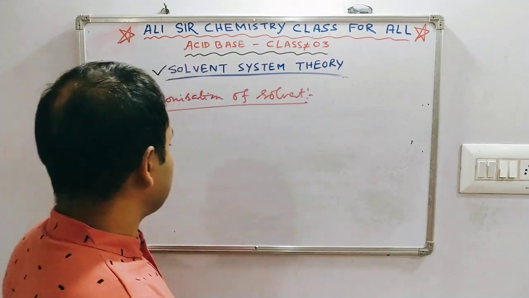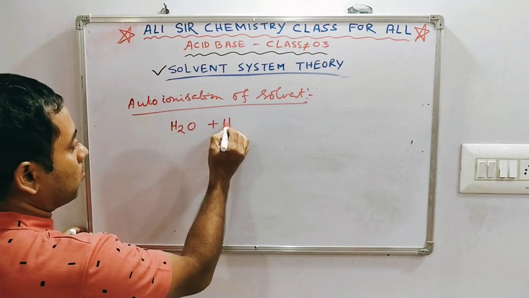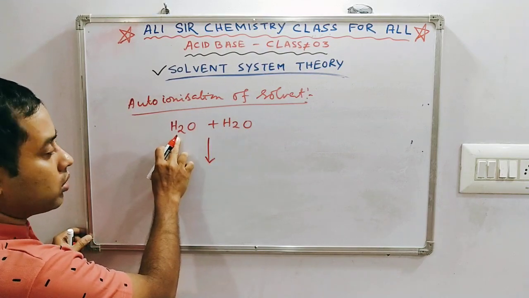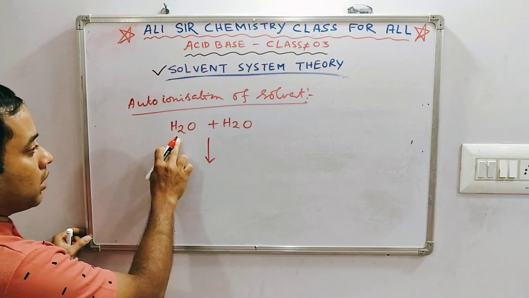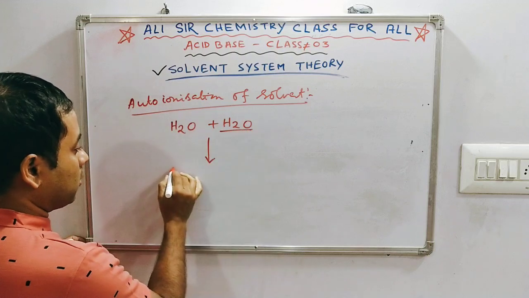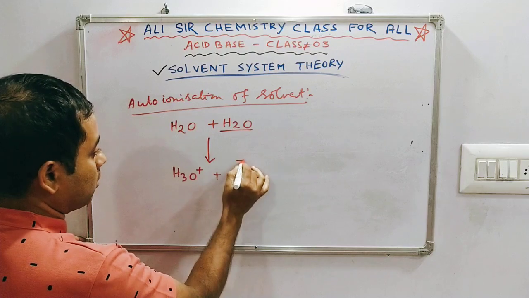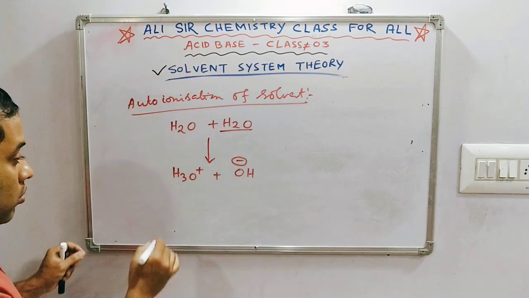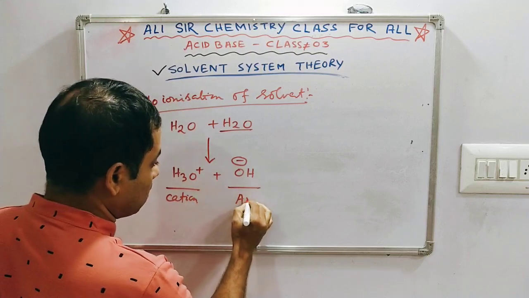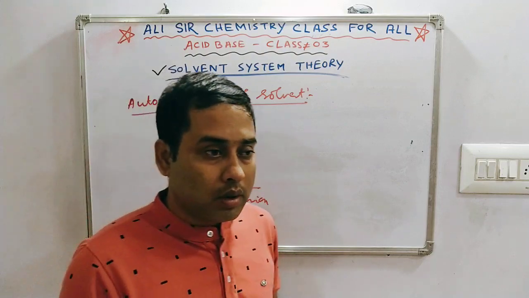So this is called auto-ionization. We take the simple example of two water molecules. Here one water molecule will donate an H plus ion and another water molecule will accept this H plus ion. The water molecule that accepts the H plus ion is converted into H3O plus and the other water molecule is converted into OH minus. So one part is a cation and another part is an anion. This is known as auto-ionization of solvent.